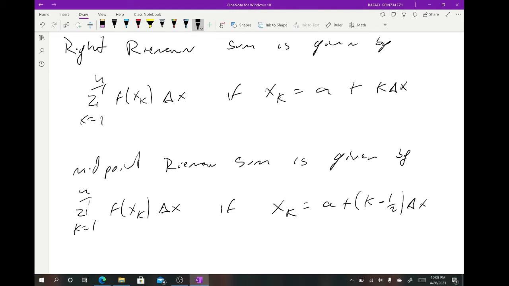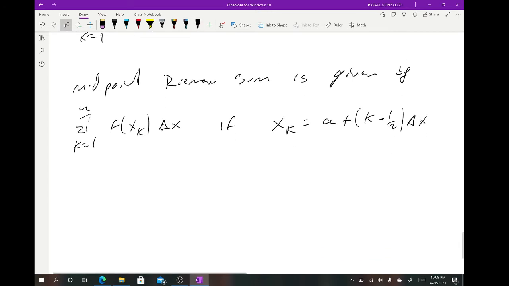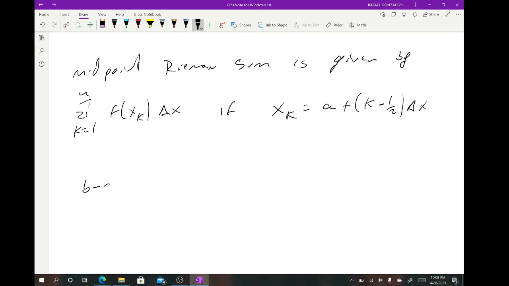Okay? Now again, delta x is given by b minus a over n. You take the endpoints and divide by the number of partitions.